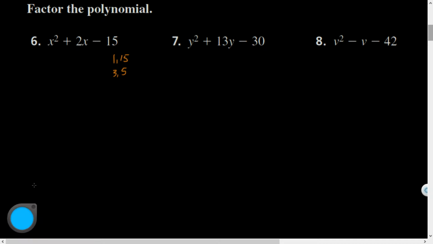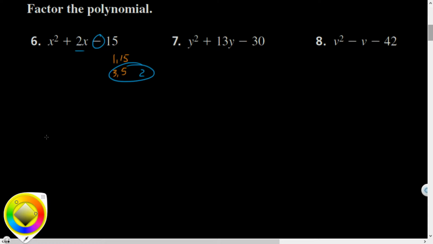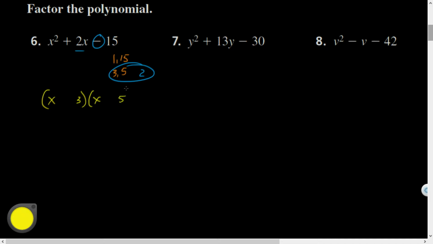Let me pick some cards here. Kayla, which of these subtract to be 2, if any? 5 and 3 have a difference of 2. I like it. So I'm going to have an x with a 3 and an x with a 5. They multiply to be negative, so the signs are different. What do you think the signs are going to be so they add to be a positive 2?